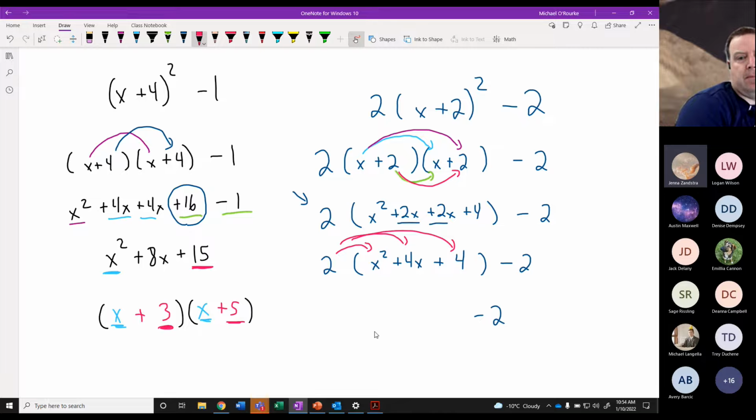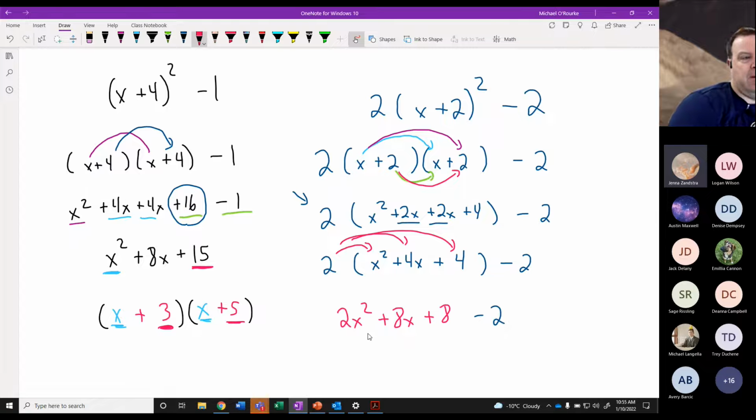Okay? No, the brackets disappear when you multiply in, Brooke. All right, so it should look like this now: 2x squared plus 8x plus 8.